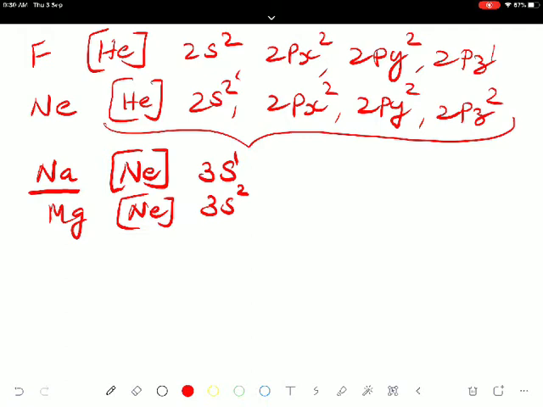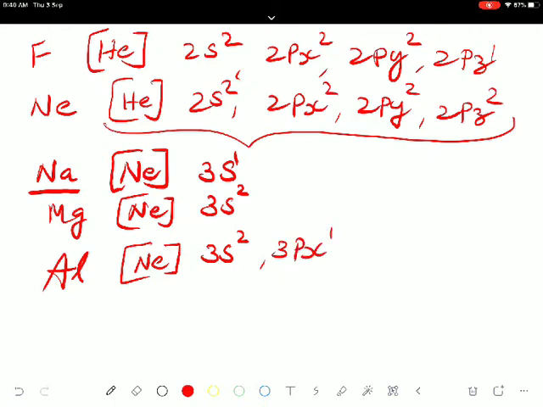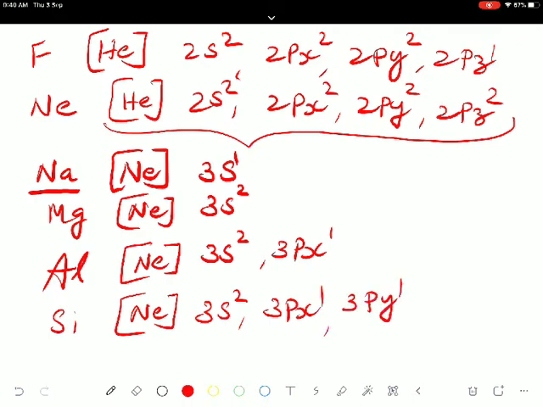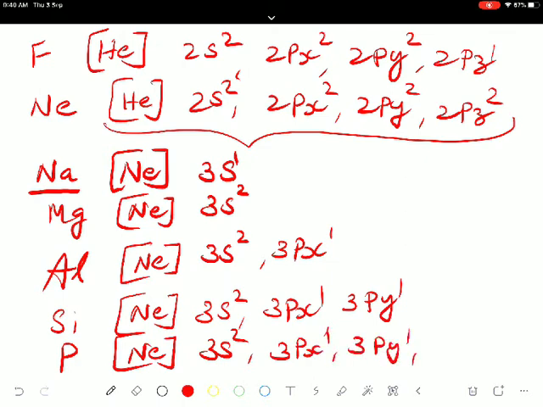For aluminium I can write neon 3s2, 3px1. For silicon, neon, 3s2, 3px1, 3py1. For phosphorus, neon, 3s2, 3px1, 3py1, 3pz1.